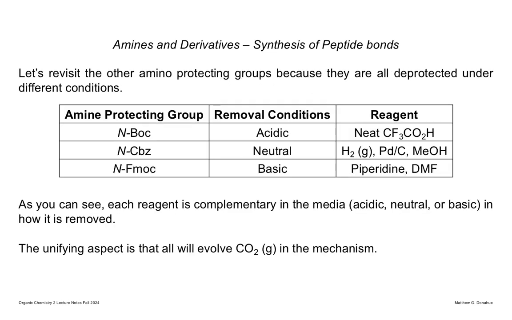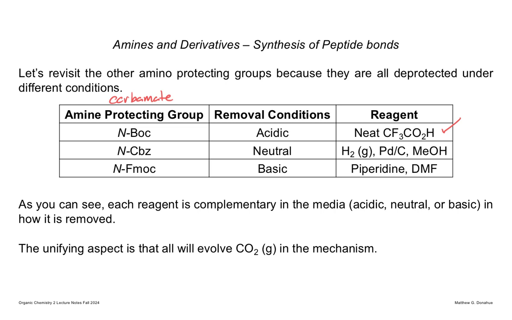So regarding the amine carbamate, so carbamate deprotection, we use these abbreviations, NBOC, NCBZ, and FMOC. N just means nitrogen. So there's a menu here, acidic, neutral, or basic conditions. What is the rest of your molecule going to stand up to? So BOC is removed under acidic conditions with trifluoroacetic acid.